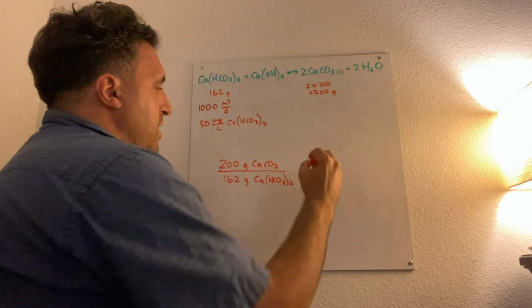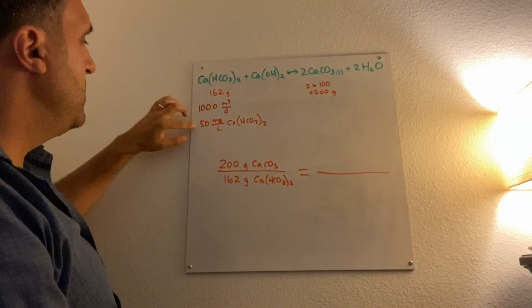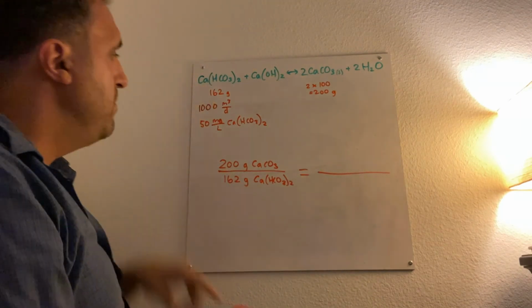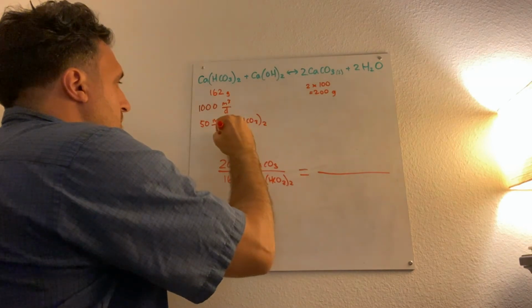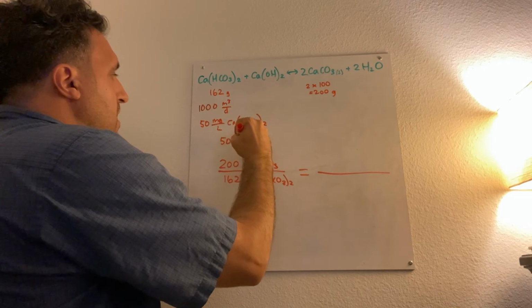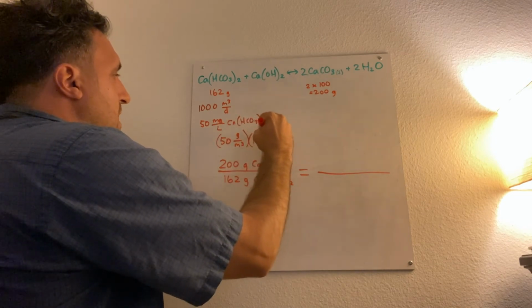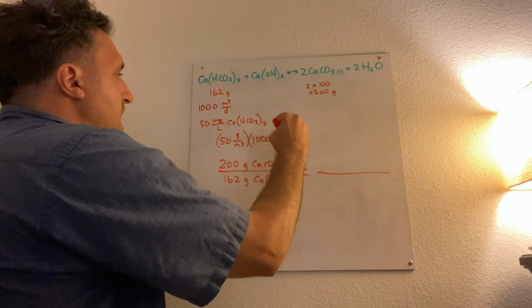And we're going to set that equivalent to another ratio, which is what we have in our system. So 50 milligrams per liter, which is the same thing as grams per cubic meter, and multiply that by 1,000 cubic meters per day.